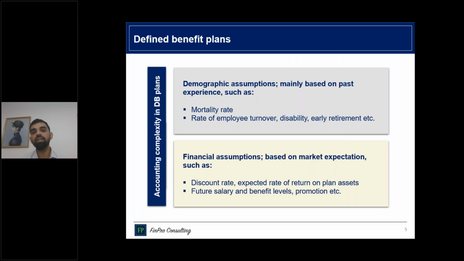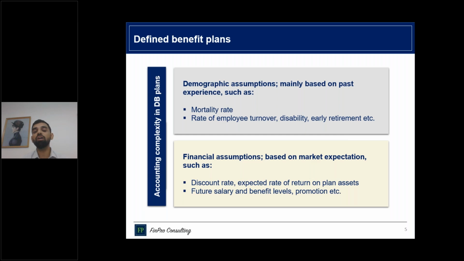Then expected rate of return on plan assets. As we discussed earlier, a lot of prudent companies already make a provision in a separate trust or with LIC or any other insurer. They keep on investing a particular amount on a yearly basis, so they have sufficient balance to pay the gratuity amount or any other defined benefit amount.